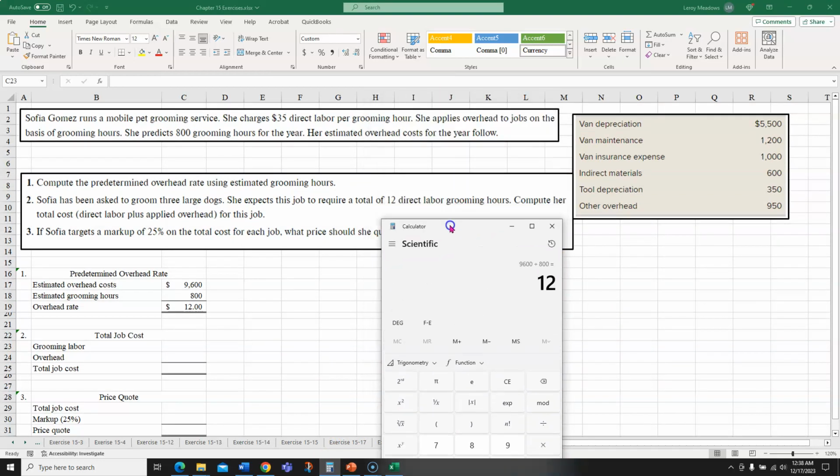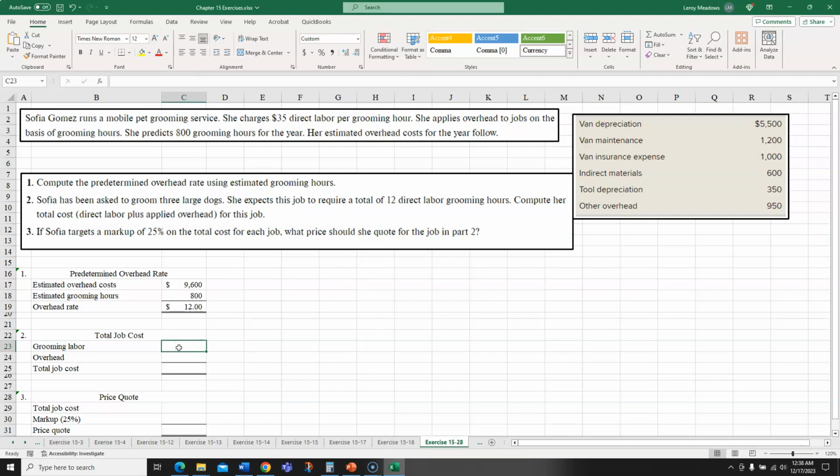She charges $35 per direct labor grooming hour, so we're going to take that $35 times the number of hours that she expects to be incurring of direct labor, and that's 12. So times 12. And so we're anticipating $420 of grooming labor.